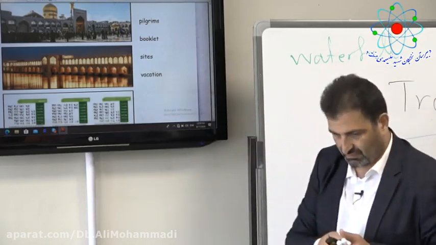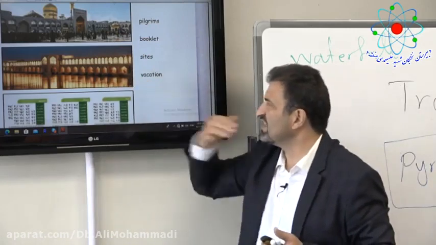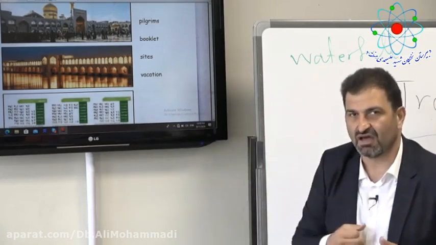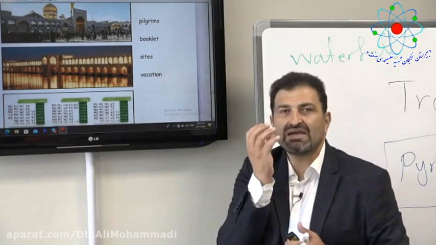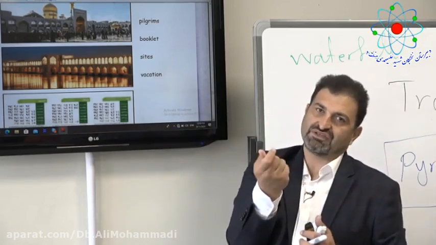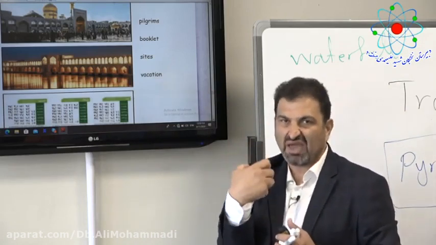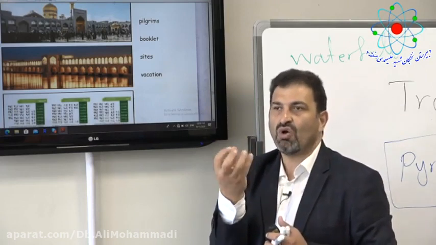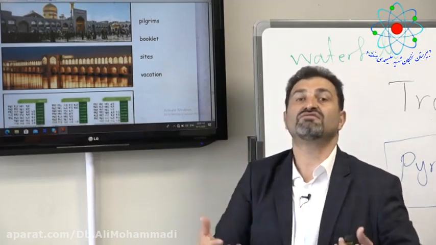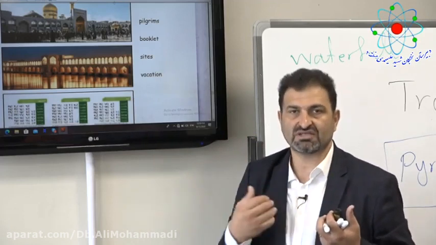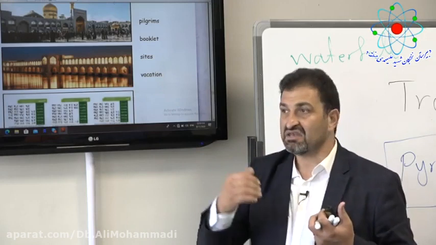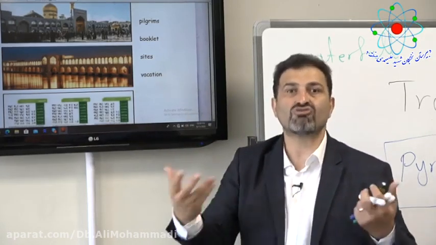Second one, the second picture, seems to be Isfahan. Look, the great places for tourists called tourist attractions are where there are a lot of sites. The sites like historical sites, natural sites, great sites.